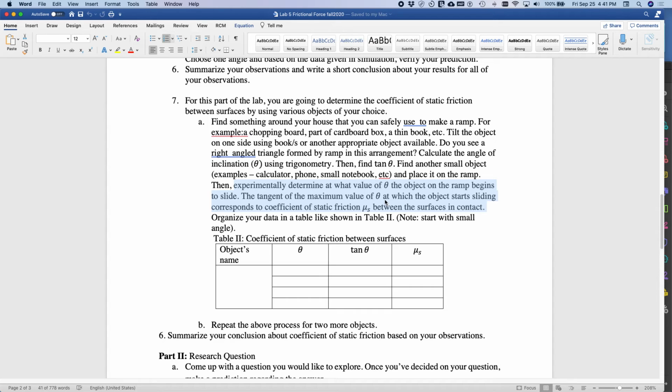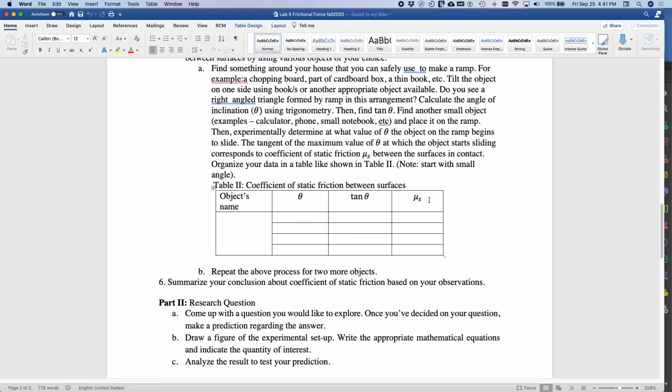The tangent of that value at which the object starts sliding will give us the value of mu_s. So mu_s is tan of theta max, where theta max is the angle at which the object starts sliding. That's how students can find the coefficient of static friction.